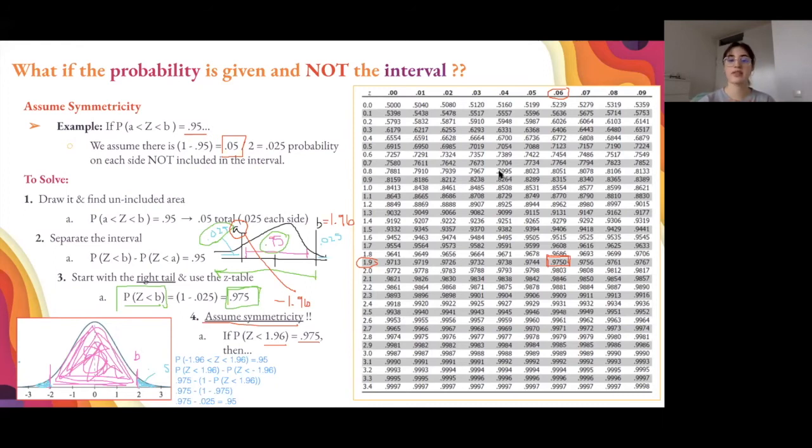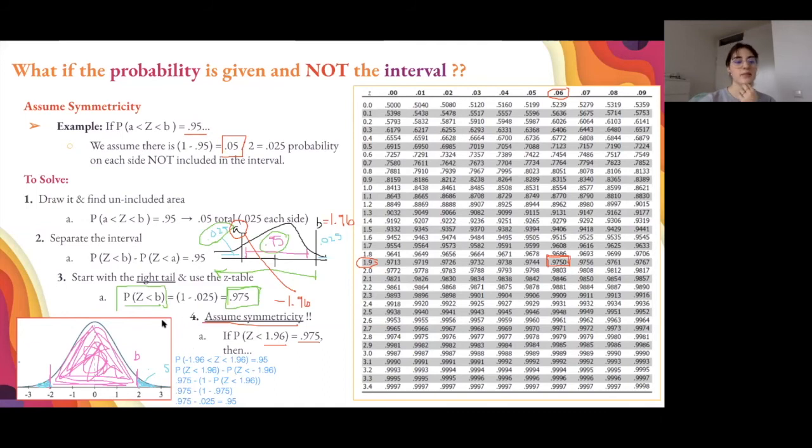And whenever we're trying to solve for an interval and we're given the z-scores, we always start with the rightmost side, just like how we did in step 2 when we separated the interval. So if we're trying to find the probability that z is less than b, we need to find out what that probability equals so we can find b.